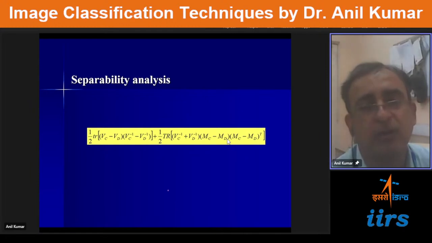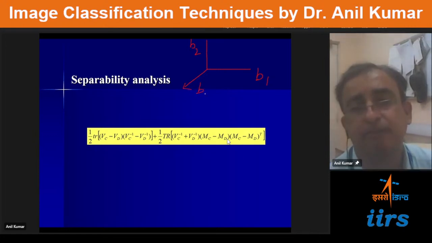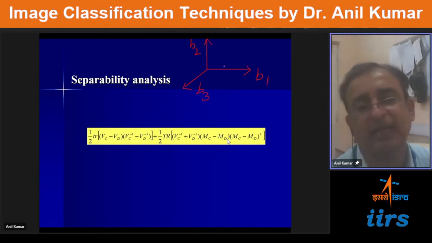Separability analysis with the graphical method: graphical means you can draw a maximum of three axes, B1, B2, and this is your B3. If I plot any selective bands which I'm looking for, I can see how the forest is plotted, how the water pixels are plotted, and how agricultural lands are plotted.